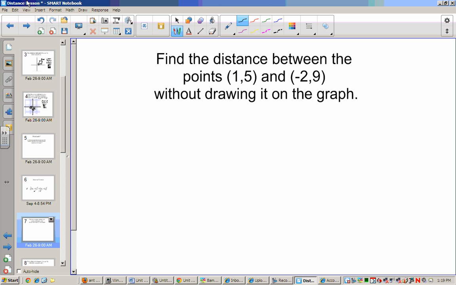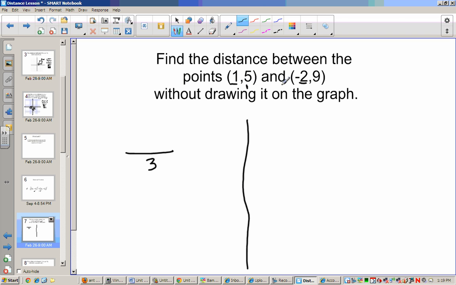All right, now let's try to do this problem. Now there's 2 methods. I do not like to use the distance formula. I don't use it when I solve these problems, and so I don't expect you to. So what I do is I think about what is the distance between negative 1 and 2, or 1 and negative 2. Horizontally, it's a distance of 3.